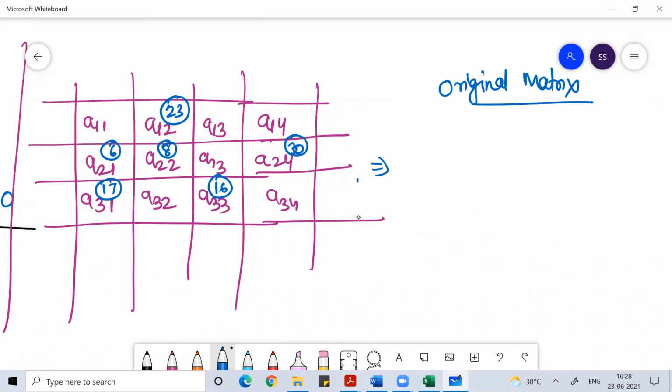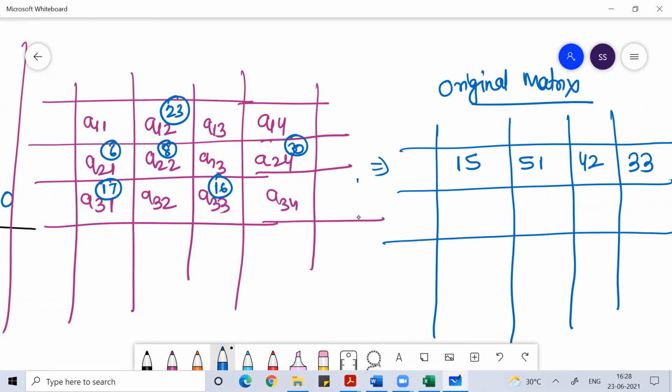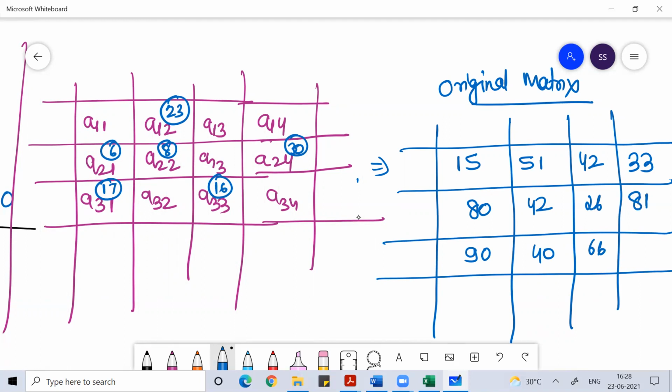So the original matrix on which I asked you to solve was 15, then 51, then 42, then 33, then 80, 90, then 42, 40, then 26, 66, then 81, then 60.